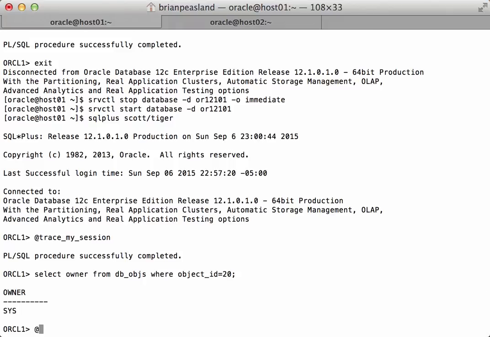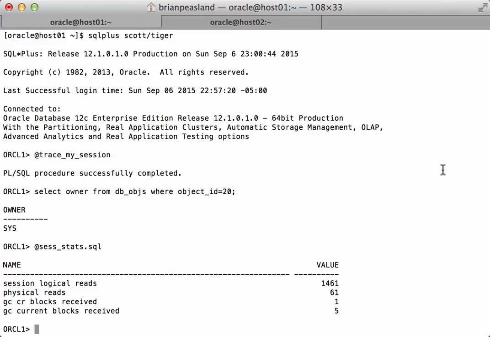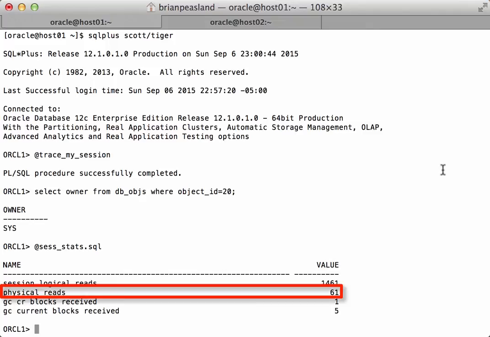And let's look at the session stats that were generated from the activity. Now remember, all we did here was start a trace in the session and select the one row from the table. Here we can see that the session did some logical reads and a fair number of physical reads.